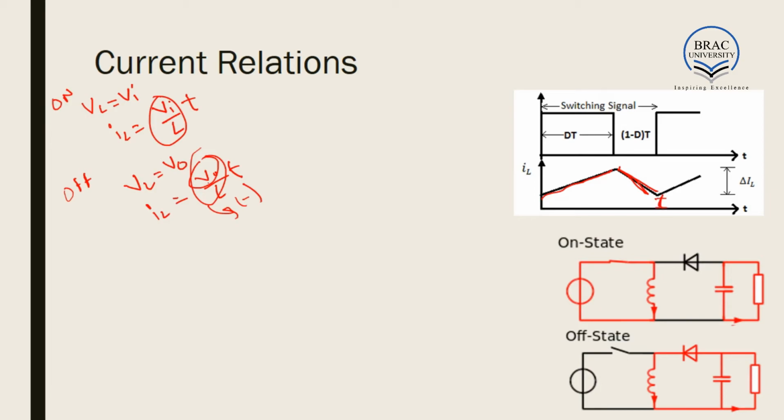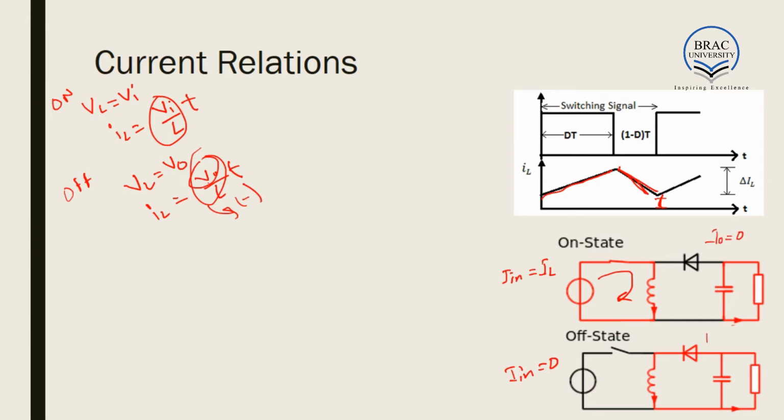Now if we want to measure the input and output current relations, we can see when in the on state, I input is equal to IL. In the off state, I input is equal to 0. Again, in the on state, I output is equal to 0.